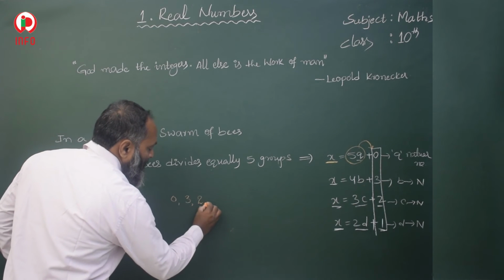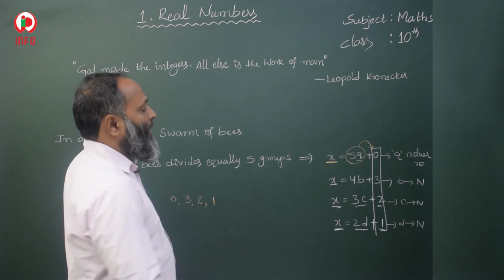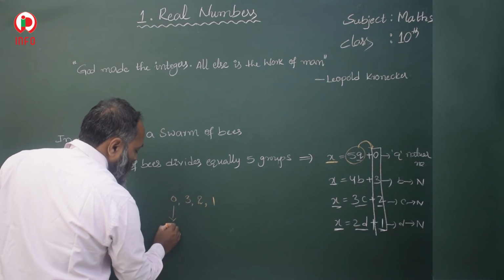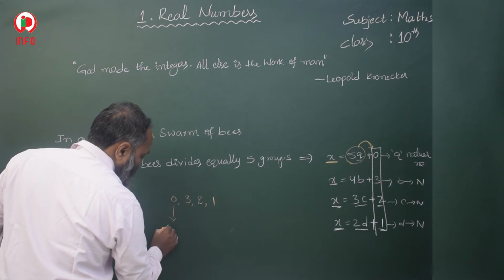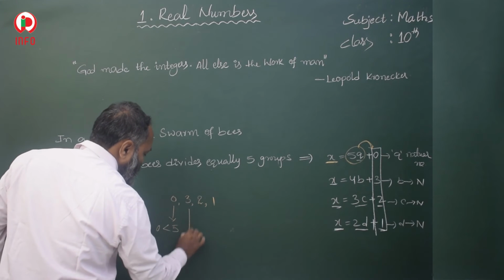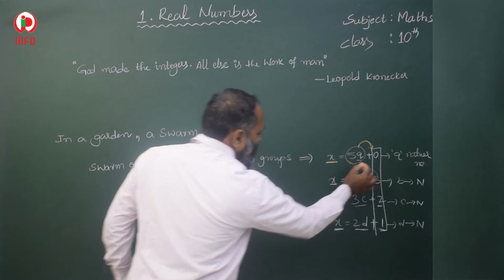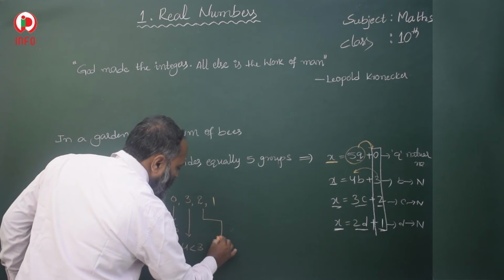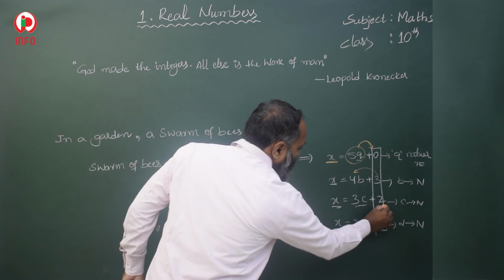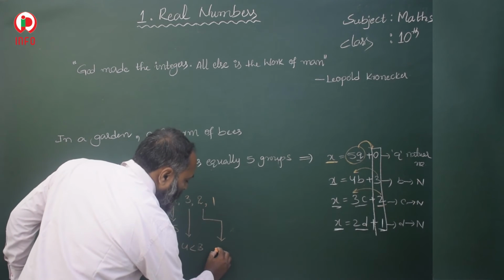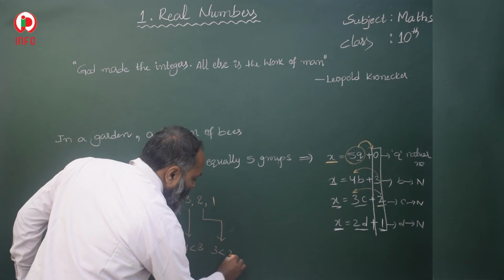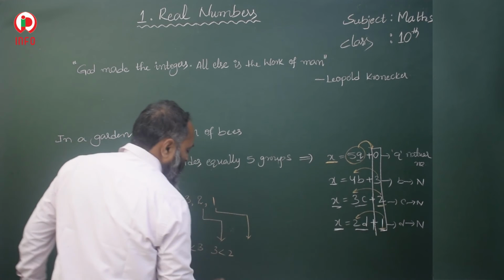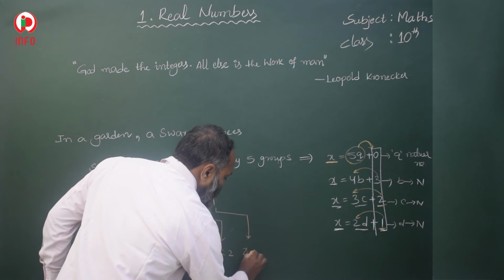0, 3, 2, 1. 0 is less than 5. Here 3 is less than 4, 2 is less than 3, and 1 is less than 2.